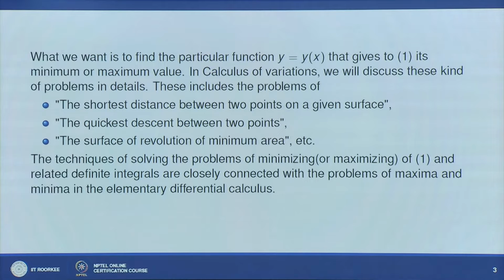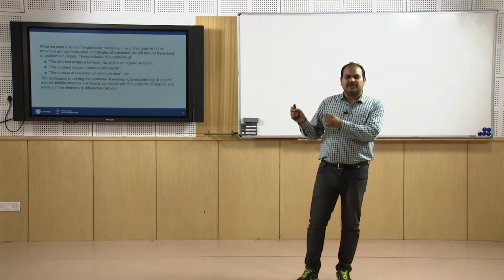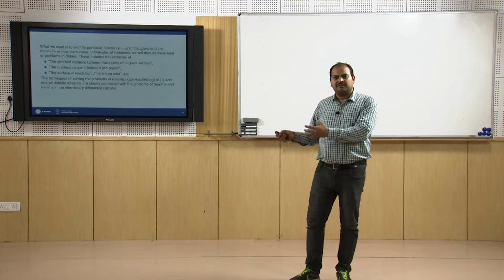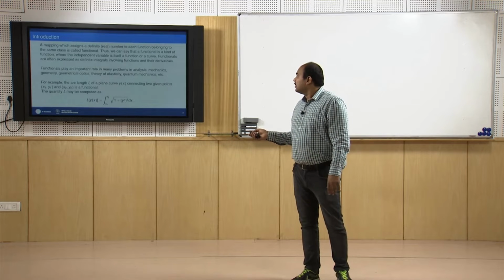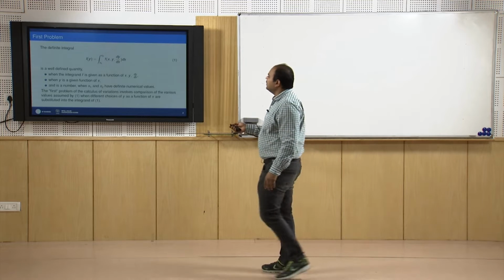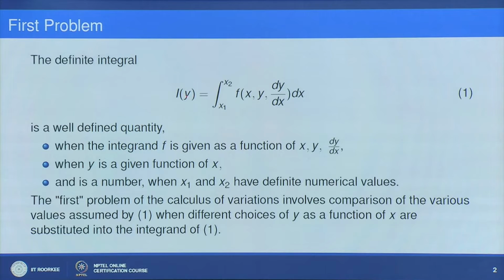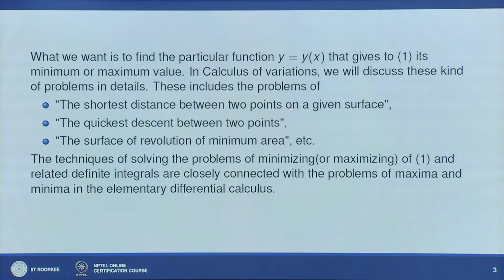So once a definite integral is defined in terms of another function y of x, we try to find a function y such that the integral achieves its maximum or minimum value. In calculus of variation we will discuss these kinds of problems in detail.